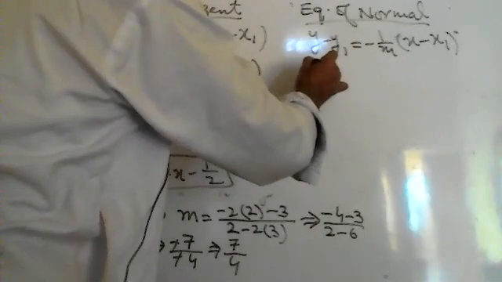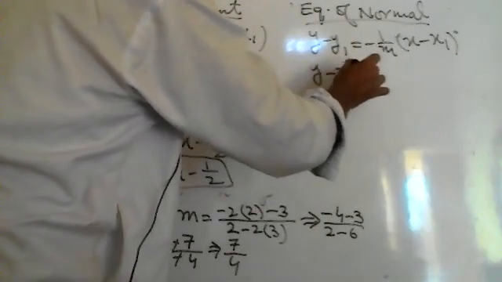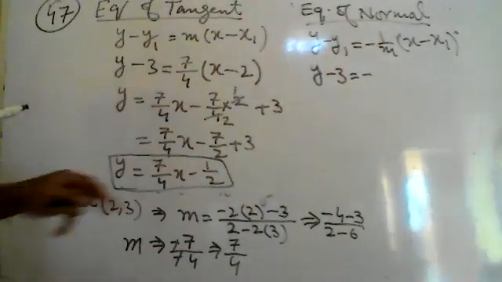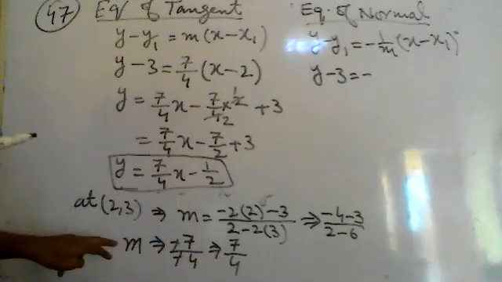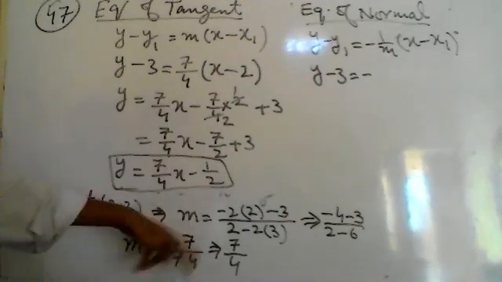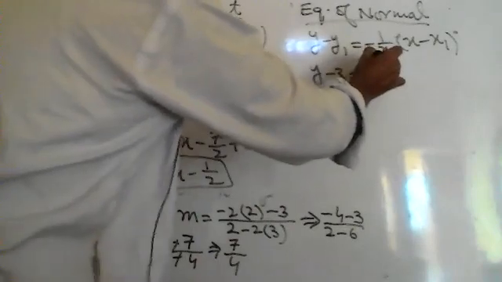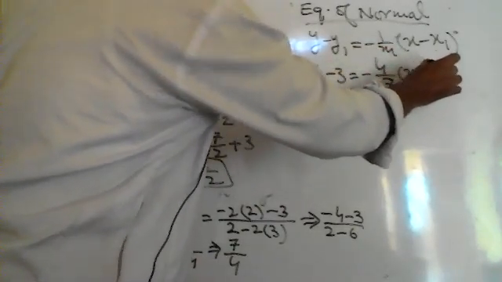So y minus 3 is equal to minus 1 upon m, where m is 7 upon 4. So 1 upon m will be 4 upon 7, minus 4 upon 7 into x minus 2.